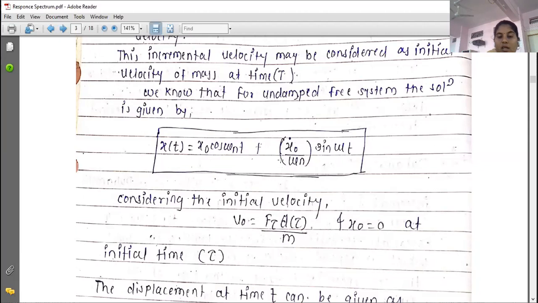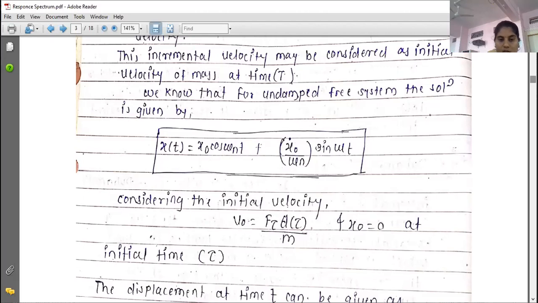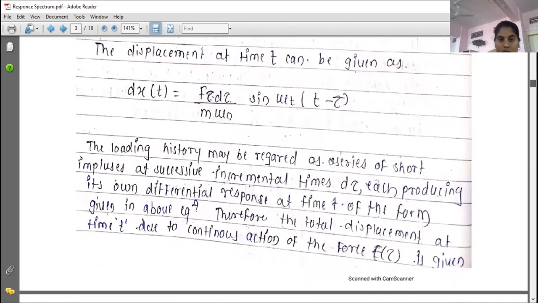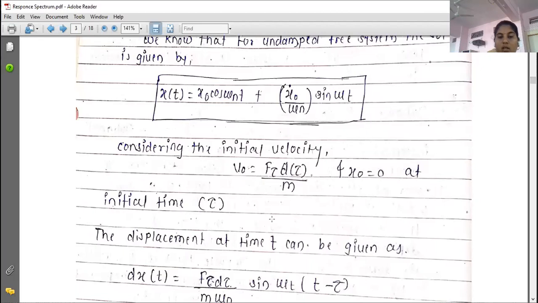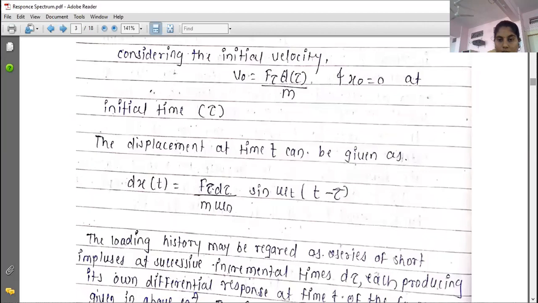Below this, considering the initial velocity, v naught is equal to F(τ) dτ divided by m at initial time.